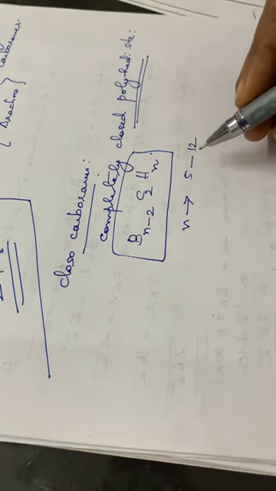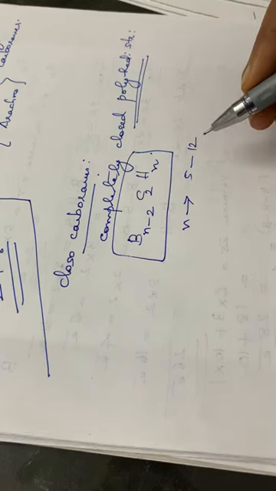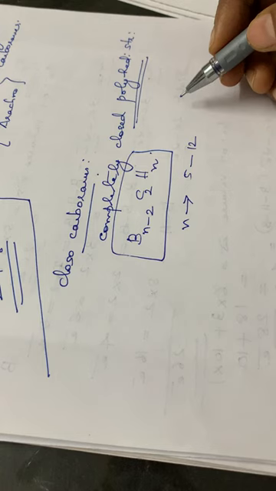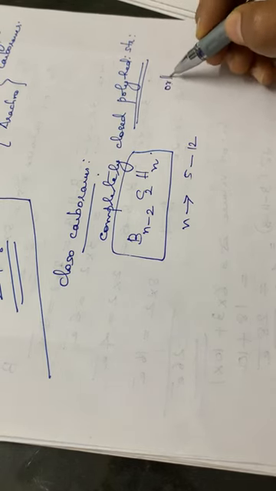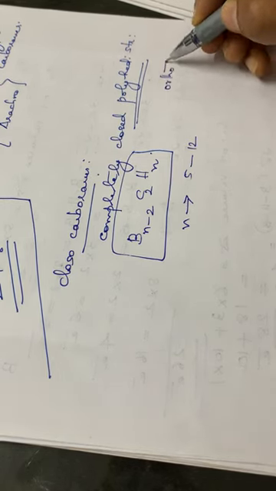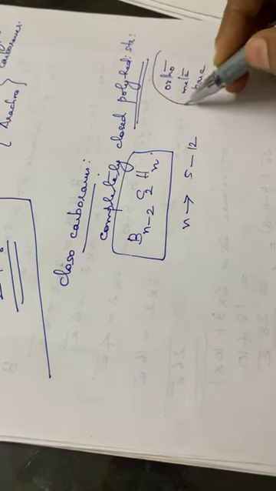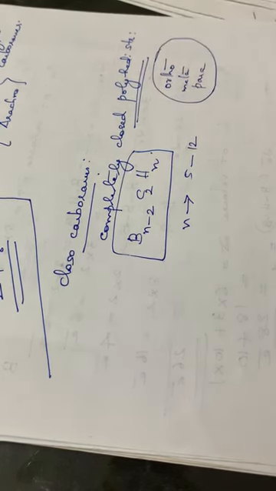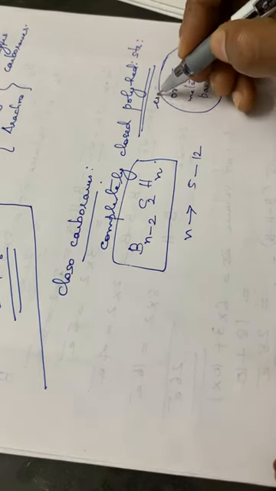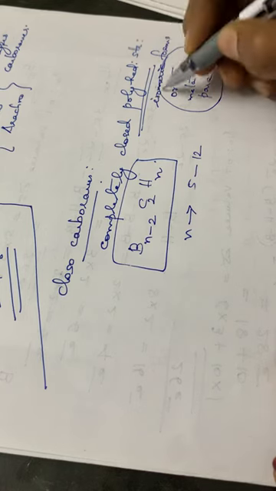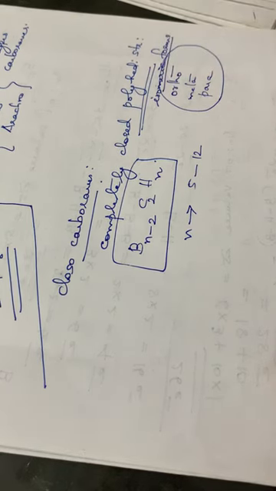Again, closocarboranes occur in 3 isomeric forms, that is the ortho form, the meta form as well as the para form.